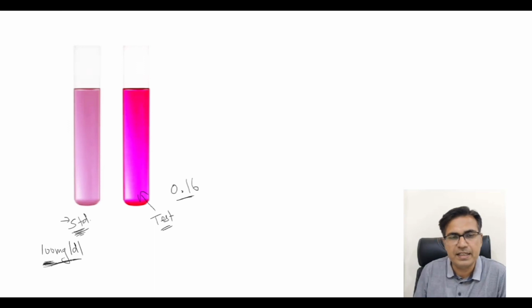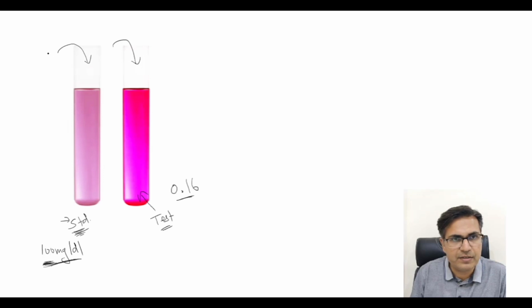milligram per deciliter. Okay, so till now what we did is we took two test tubes, we added standard solution in one test tube and test solution in the other test tube, then we added reagents and converted the plasma glucose into a colored compound in both the test tubes, in standard as well as test solution.